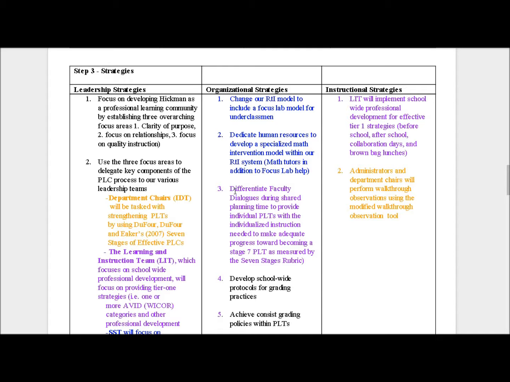As you may remember, last year we started going through a consultation process, and we had a rubric called the 7 stages of effective PLCs that was our benchmark. When you look at that rubric, it talks about what it means to be an effective professional learning community. So what we're trying to do is apply that to individual professional learning teams, and our department chairs are going to help to oversee that work. They want to be instructional coaches and instructional leaders for their own departments.